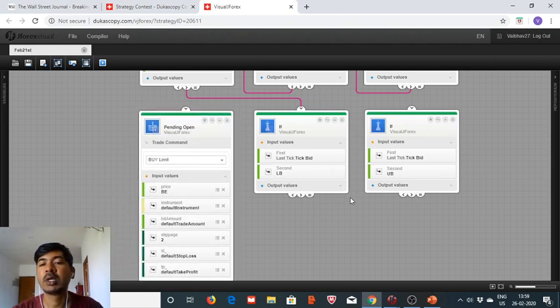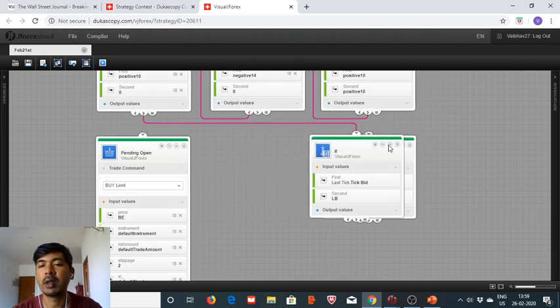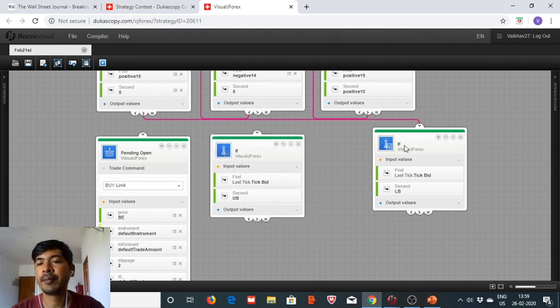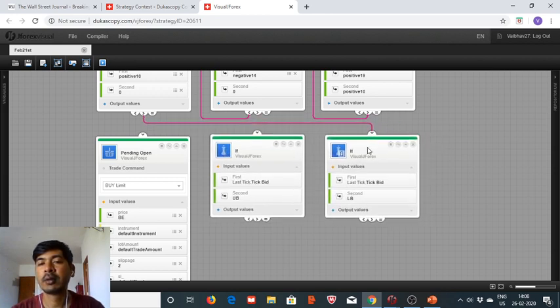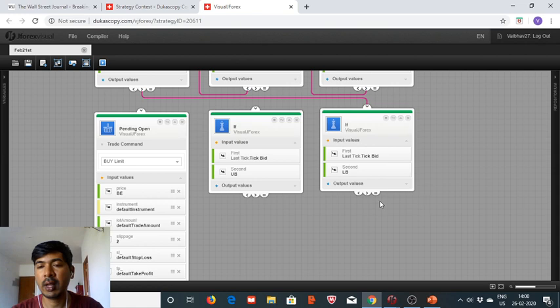Again we will need to change it, but for the time being let it remain there, and we add, as I said, the last tick bid should be greater than the lower band and less than the upper band.